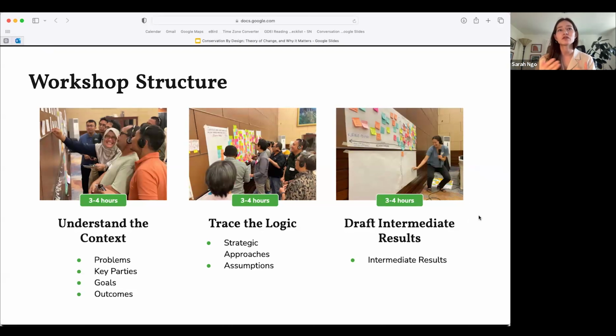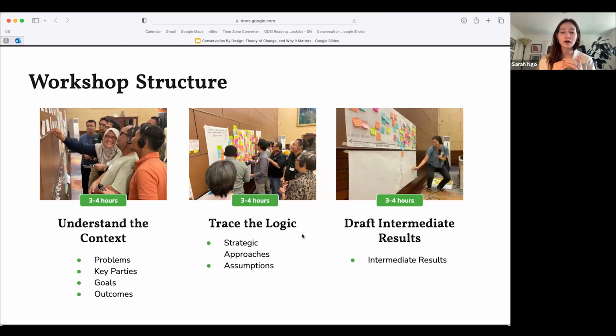But assuming this works for you, the basic format can be first taking some time to understand the context of the theory of change, aligning on what are the problems, who are the key parties, what are the goals and outcomes for a theory of change. The second session is focused on the logic of the theory of change.